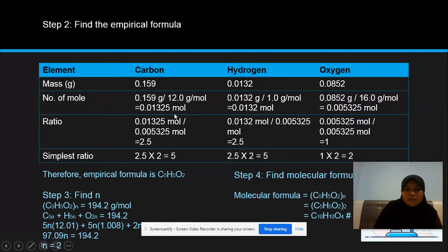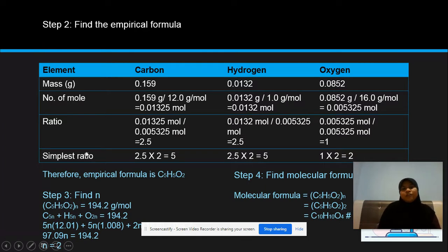For carbon, the number of mole for carbon is 0.01325 mole, right? So we divide with 0.005325 mole. So we get 2.5. And hydrogen is also the same, we also get 2.5.